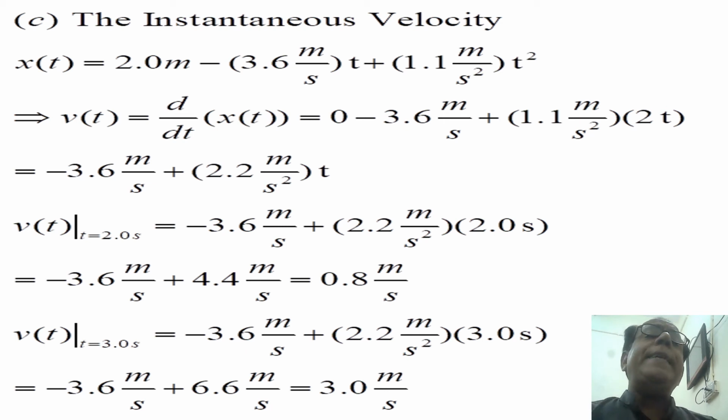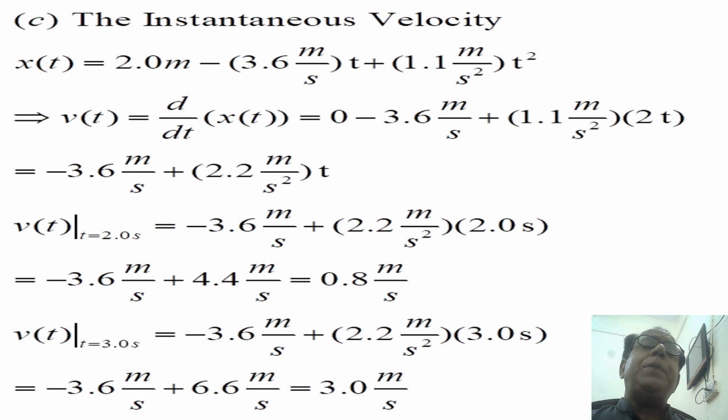So v(t) at t equal to 2.0 second becomes equal to minus 3.6 meter per second plus 2.2 meter per second square into 2.0 second. This becomes minus 3.6 meter per second plus 4.4 meter per second.